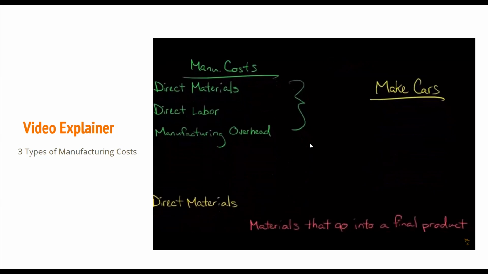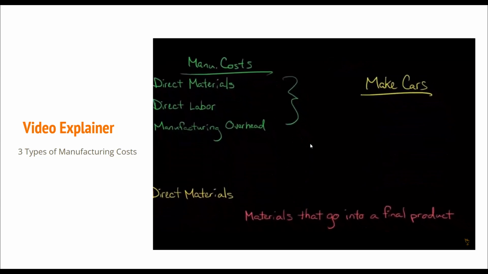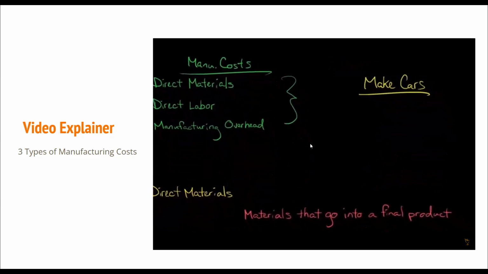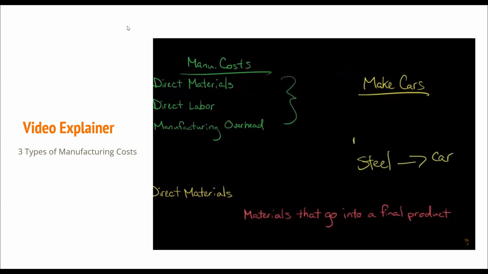So let's think about direct materials. If we want to define direct materials, on a broad level, it's any kind of material that goes into the final product. In our example for the cars, an example is steel, right? The car is going to be made of steel. We might have rubber to make the tires.